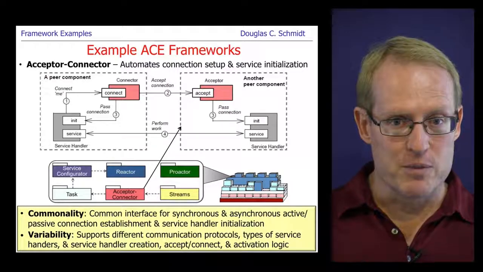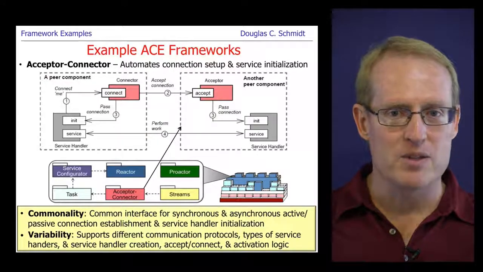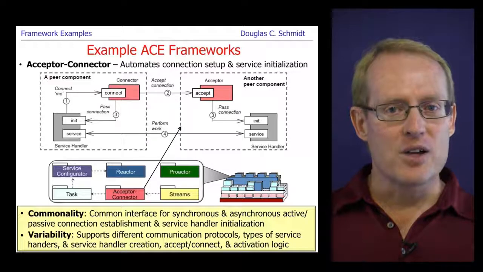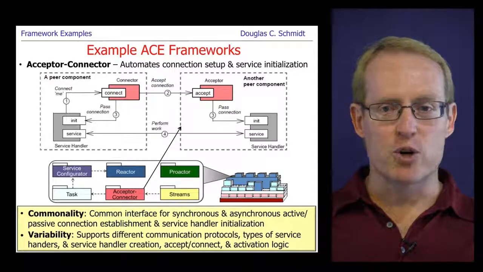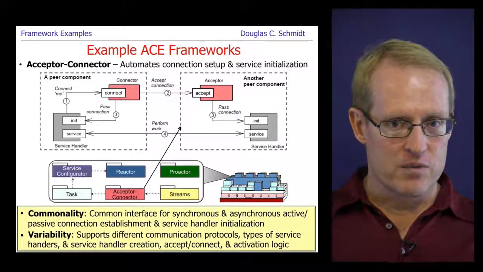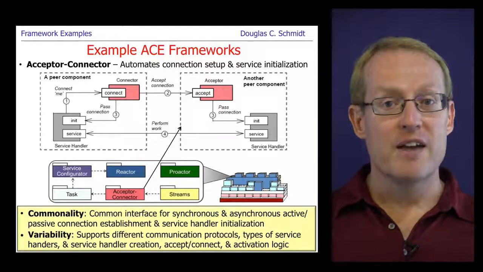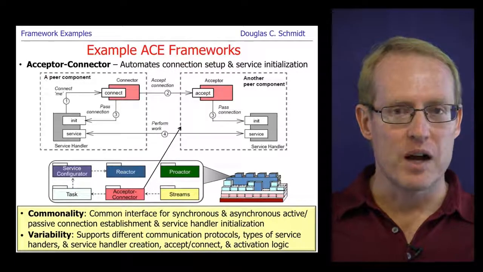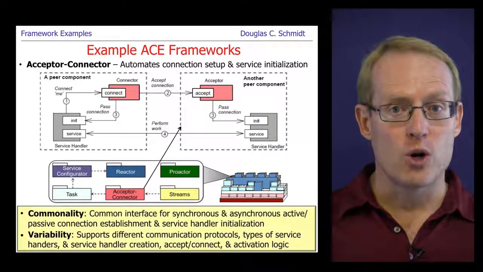You can have different types of service handlers that can also be plugged in as templates using strategy patterns and policy-based design. And it also has various ways of being able to factor out the logic for creating service handlers, accepting and connecting the service handlers so that they're connected to their peers, and finally activating those service handlers to run in various event handling and/or concurrency models.